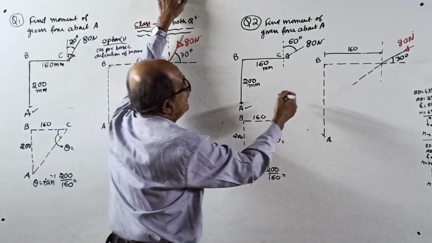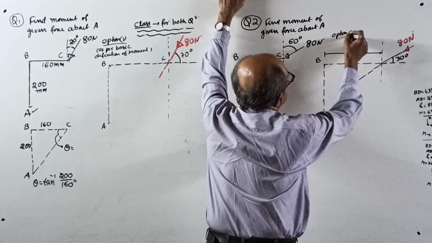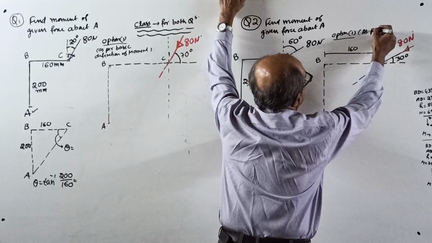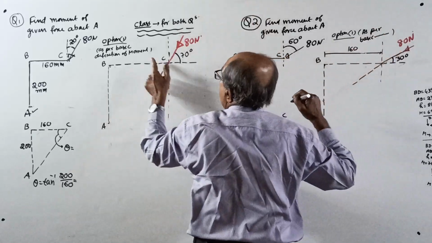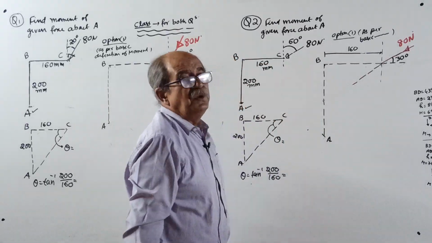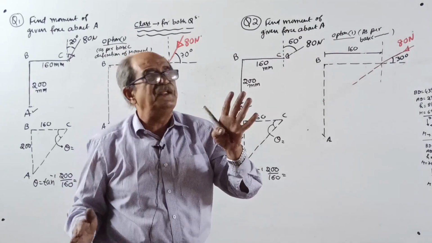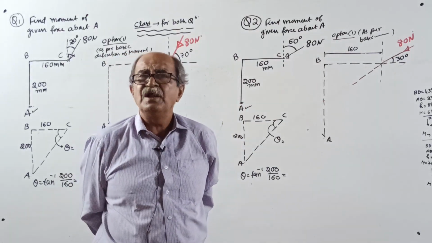Here also, what I am doing is option 1, same option. Write once again: basic definition of moment is force into perpendicular distance from that point to line of action of the force. Resolution all comes secondary.